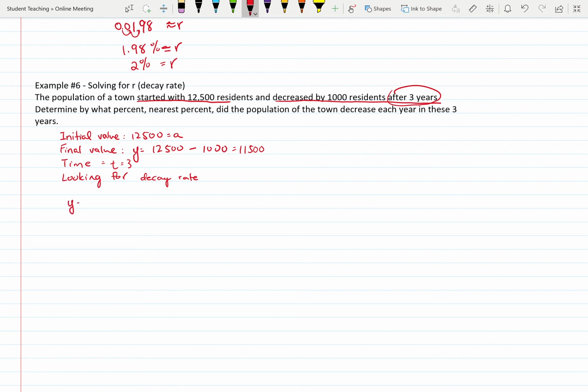That is y equal to a times 1 minus r raised to the t power. Substituting the values, we get 11,500 equal to 12,500 times 1 minus r. Again, we leave the r as it is because we are solving for it. We don't know what r is. t in this case is equal to 3.